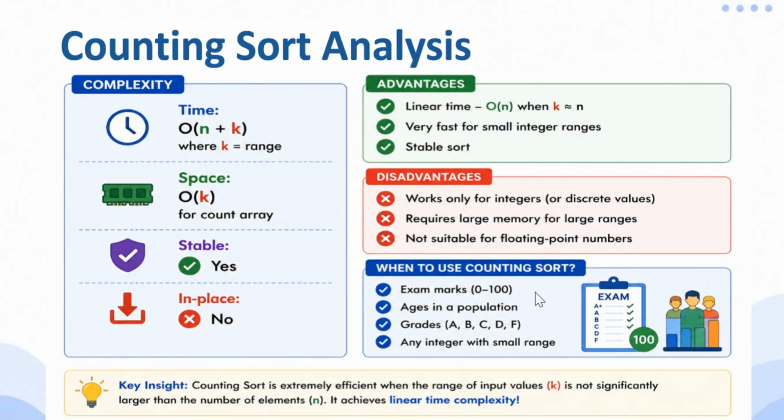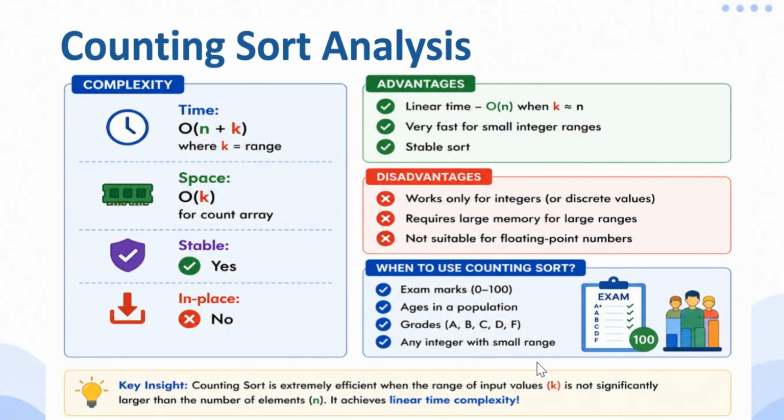So when to use counting sort? For example, these are use cases. Exam marks: you have thousands of students, but the score range is from 0 to 100. So k equals 101, which is small, and n is large. So counting sort gives you O(n) time complexity, right? And for example, ages in a population, we can say the range is around 0 to 150, so k equals 151.